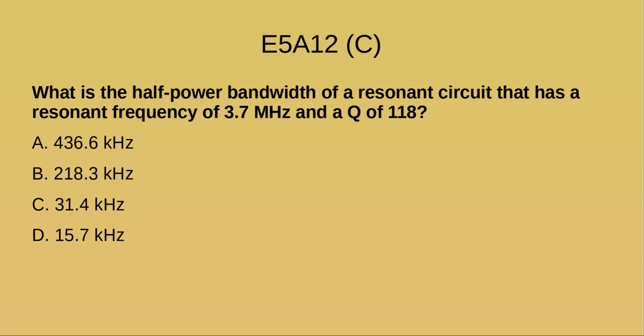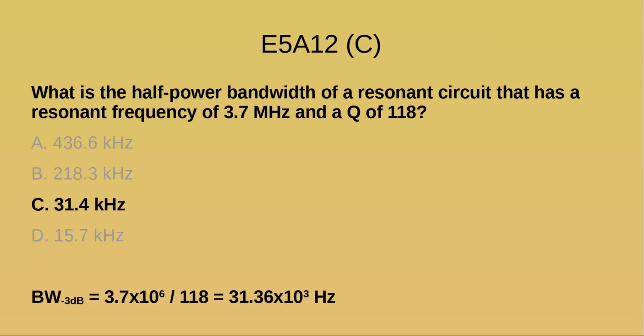Charlie again. There you go, Charlie's answer. Yeah, 3.7 divided by 118, it's got to be around 31 or something.